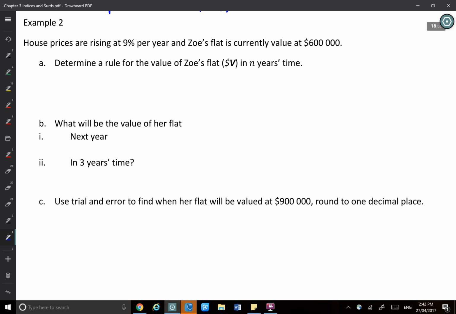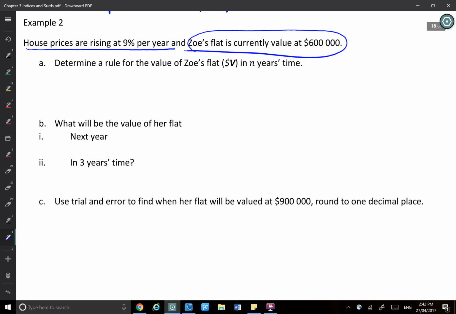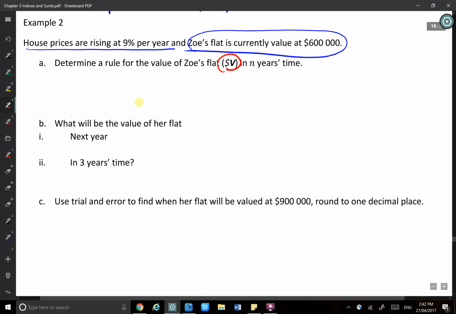Example 2. House prices are rising at 9% per year, and Zoe's flat is currently at 600,000. Determine a rule for the value of Zoe's flat, V, in n years time. The variables are already given to you: V dollars and n years.